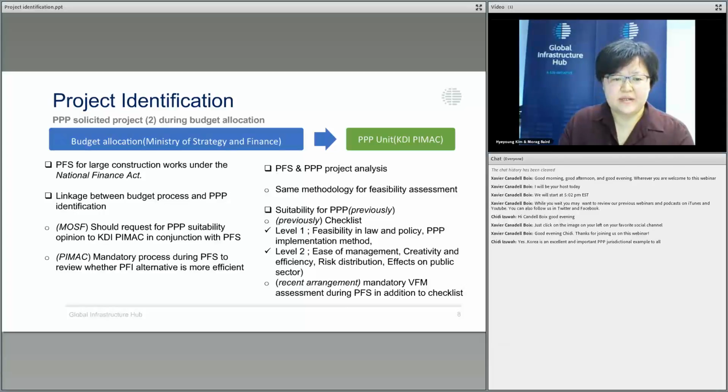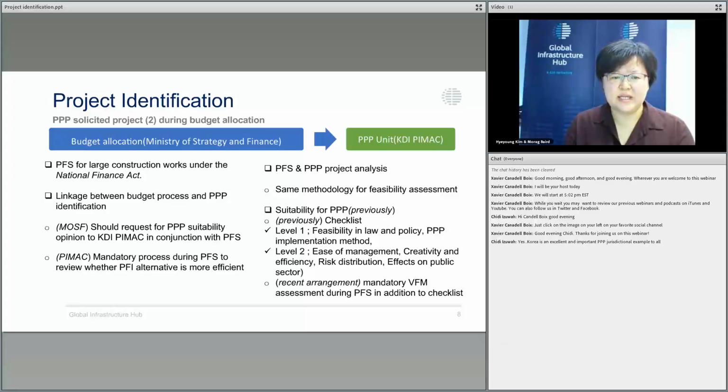And recently there has been some arrangement because more PPP projects need to be provided to the market. So the Ministry of Finance provides some detailed review standards for suitability for PPP during PFS.